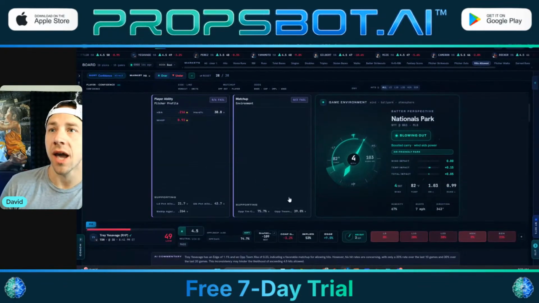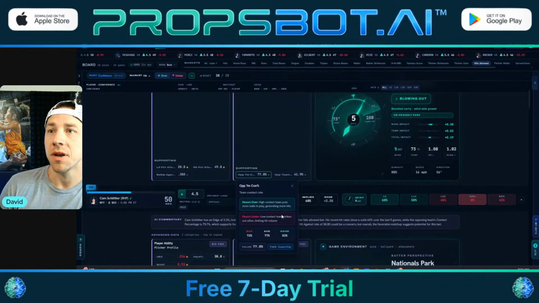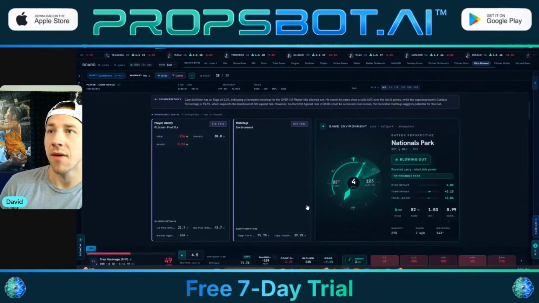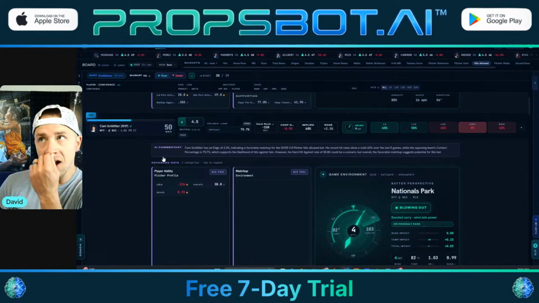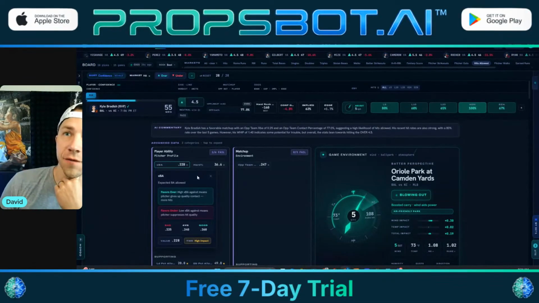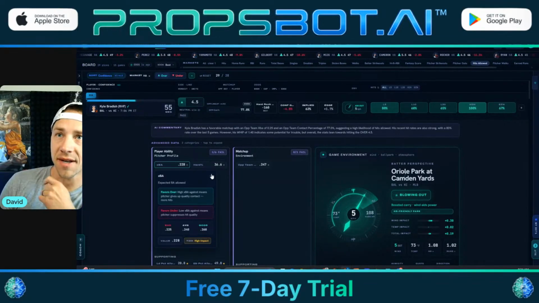Let's see what they have here. Contact percentage, basically league average, just below league average for hard hit percentage. This one's pretty low. So Cam Schuttler, you've got some guys on Washington that could really hit the ball. This is for the pitcher, his pitcher ability, his expected batting average.